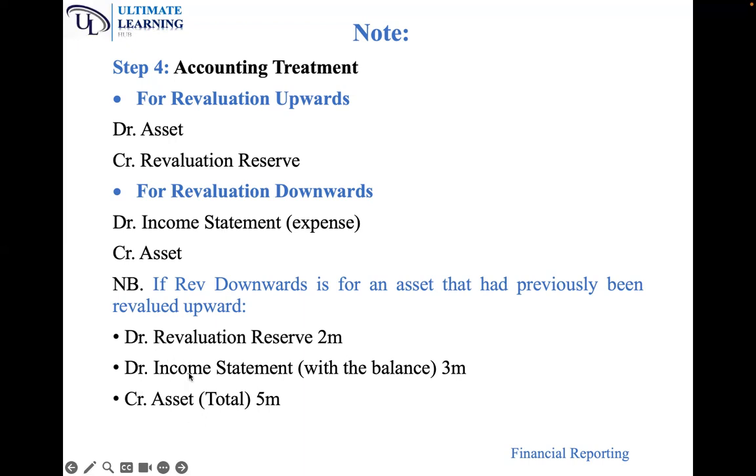But there will be 2 debit entries. You will clear what was in the reserve from the first year, because in the first year it was a revaluation upwards, which we credited to revaluation reserve. And now in the second year, it's a downwards. So you clear what you had in the reserve. Once you clear what was in the reserve by debiting the revaluation reserve, the balance you take to the income statement. Don't worry about that. There is an example.